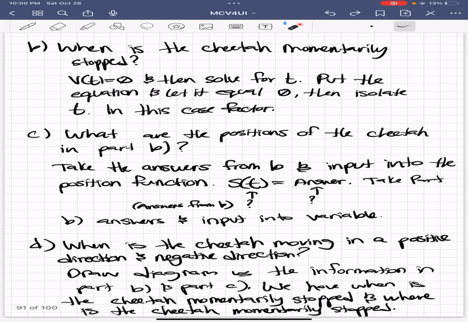So we draw a diagram of when the cheetah is momentarily stopped and where it's momentarily stopped. And we'll get more information with the other questions that we get, and then we'll add that to our diagram. And for this one, we're going to be doing a diagram as well.